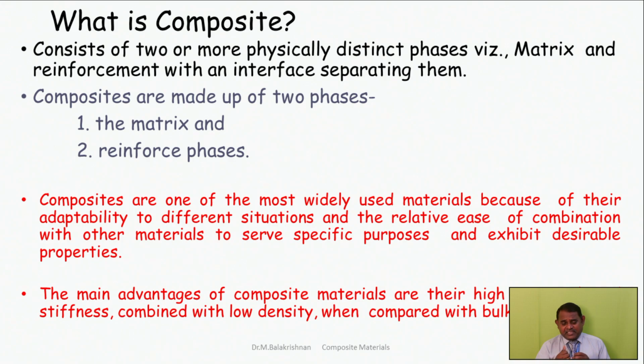For example, if you look for high strength of about 750 megapascal, then you should go with steel and its alloys only. Another material cannot easily solve this problem. Then if you look at steel, you should think about the density. It crosses about 7.8 grams per cc.